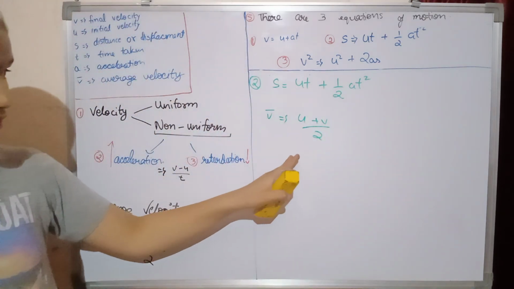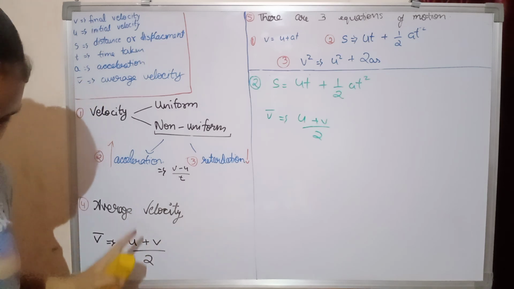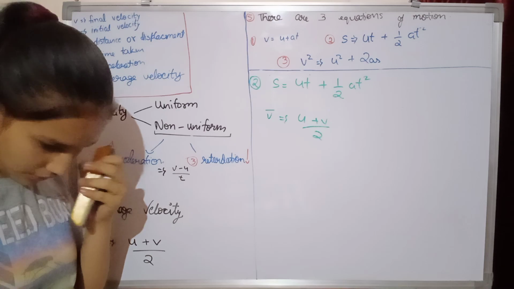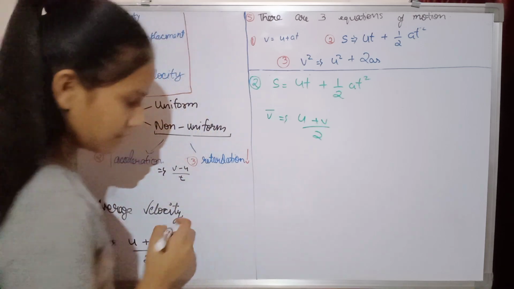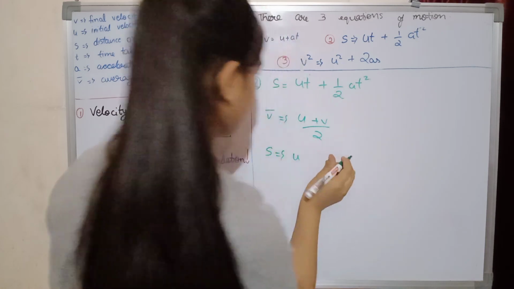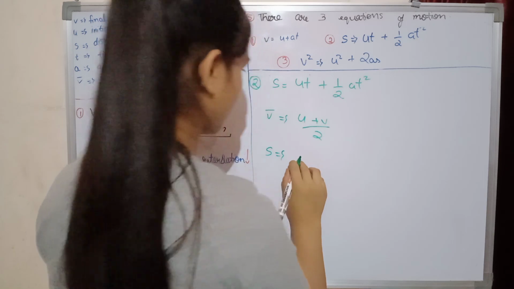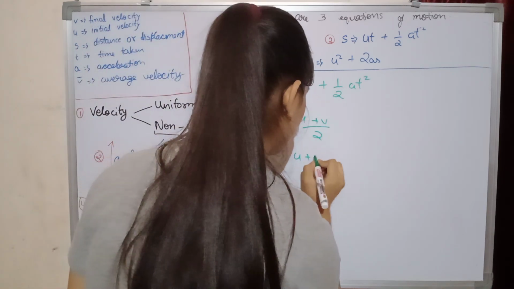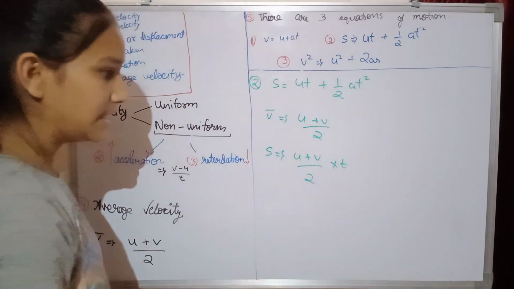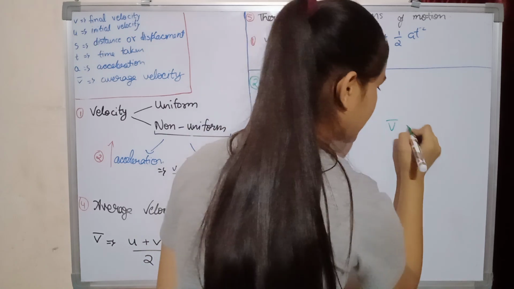Now we know the formula of calculating average velocity. Now we can derive the second equation of motion, which is like this: s is equal to (u plus v) upon 2 into time, because we need distance, and distance is average velocity into time.